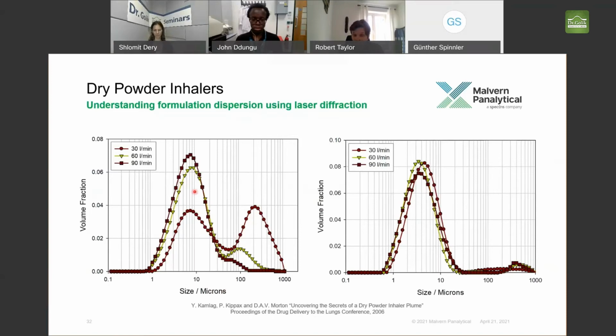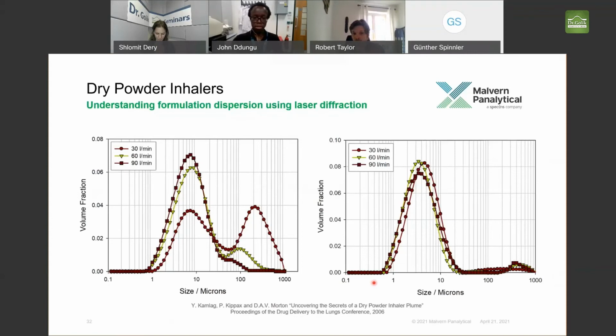And obviously, that's not a good thing, because it will lead to a heck of a lot of variability across a cohort of patients. Some will inhale fast, others will inhale slow, and this will lead to significant differences. So reformulate this, put some magnesium stearate in. Magnesium stearate is a known lubricant used for peroral products, but it's also good for keeping particles apart.